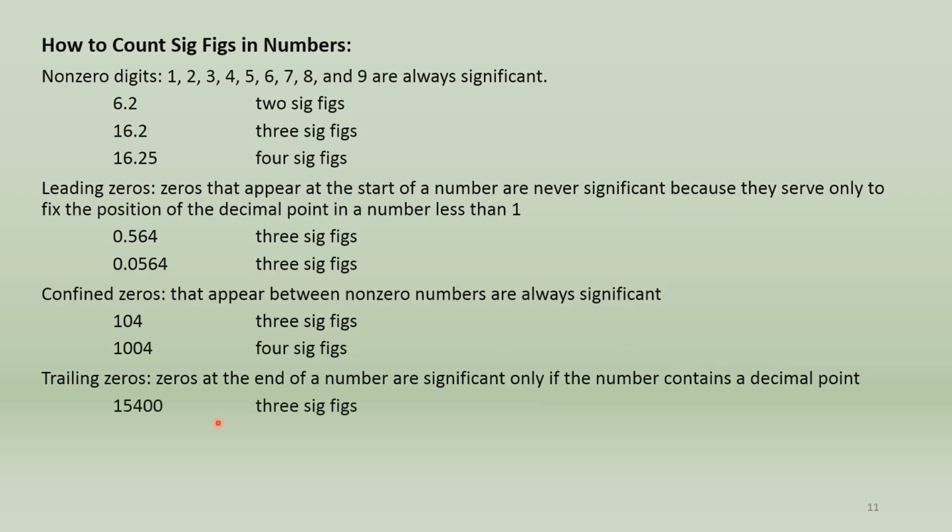So 15,400 contains no decimal point, so zeros to the right are not significant. This has 3 sig figs. 1540.0 does have a decimal point, so zeros to the right are significant, so a total of 5 sig figs. 15.4000 has a decimal, total of 6 sig figs.